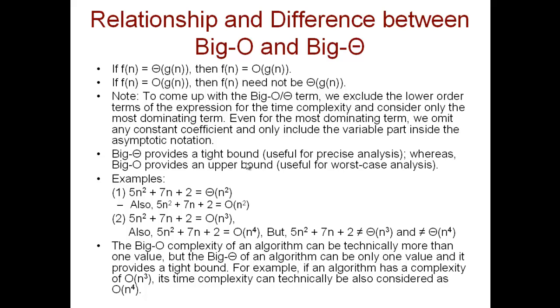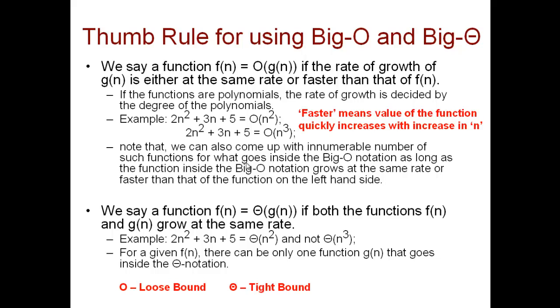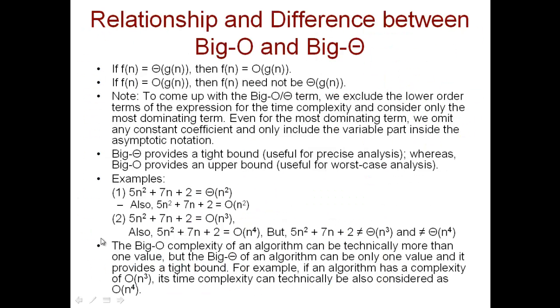Now if you go back to what we just saw, we can say, for example, 5n square plus 7n plus 2 is theta of n square, because again the degree on the left hand side is 2, and the degree of the function inside the theta notation is also 2.